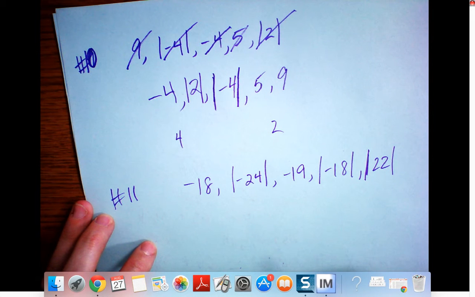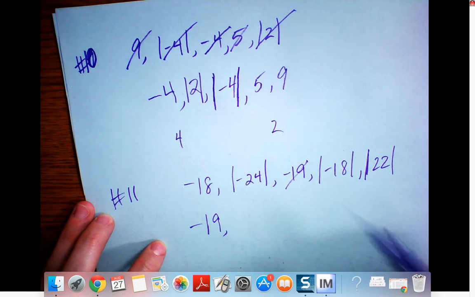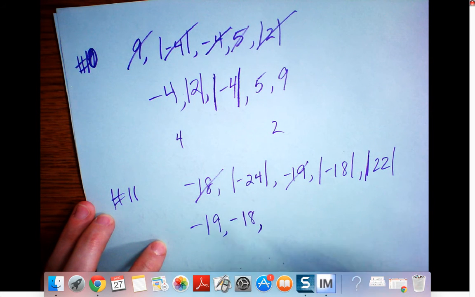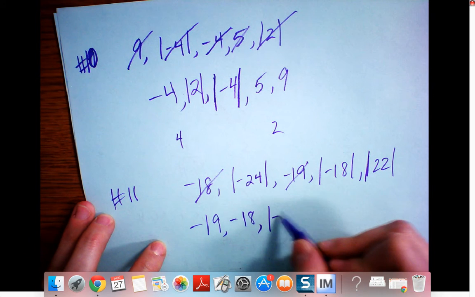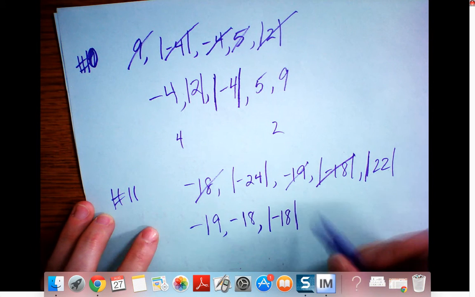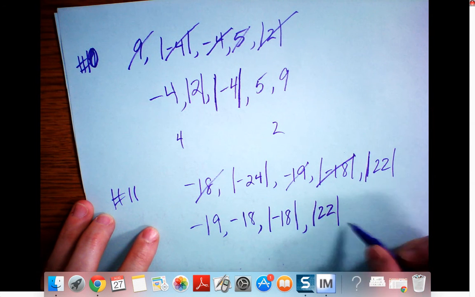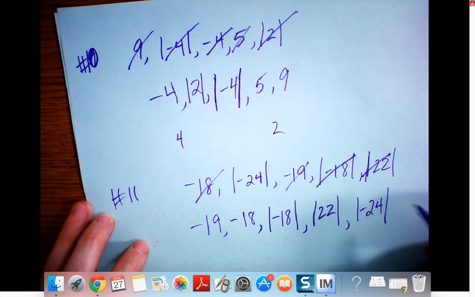So the least number would be -19, and then we have -18. Then the absolute value of negative 18, which is positive 18. Then the absolute value of 22, which would be 22. And then the absolute value of negative 24, which is 24.